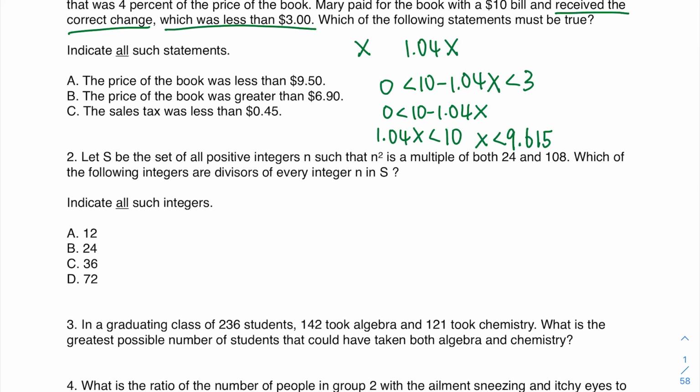And then 10 minus 1.04x should be less than 3. So 1.04x should be higher than 7. The x is higher than 6.73.